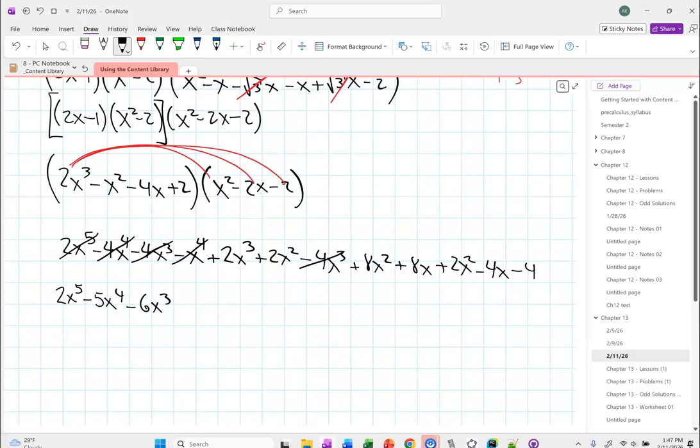That's all my cubes. 2x squared, 10x squared, 12x squared. And then 8x and minus 4x is 4x, and then minus 4 at the end.